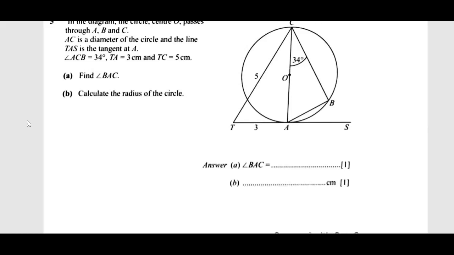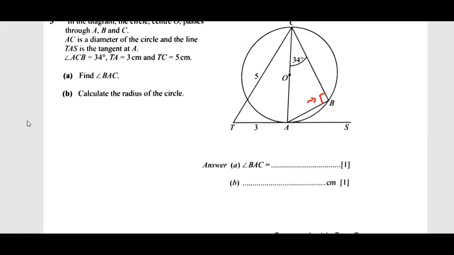So what would be angle B? 90 degrees. Very good. So by now we should understand that, if we have a triangle, the longest side that we usually call the hypotenuse is basically the diameter. So this would be the 90 degrees angle. Okay, that is good.